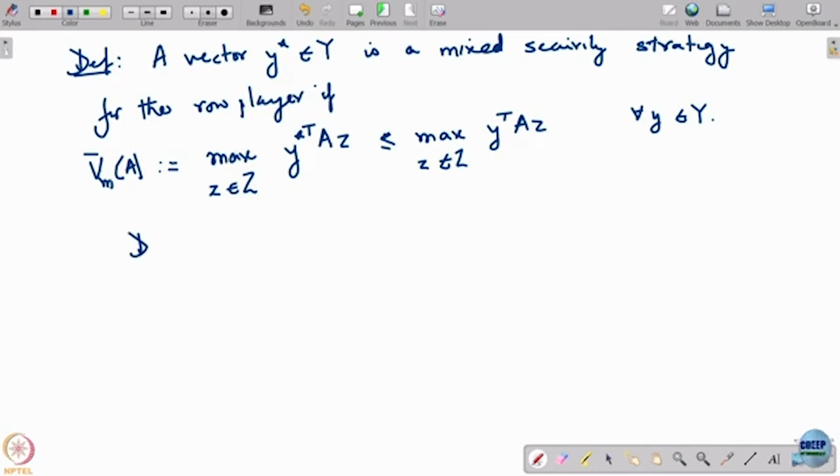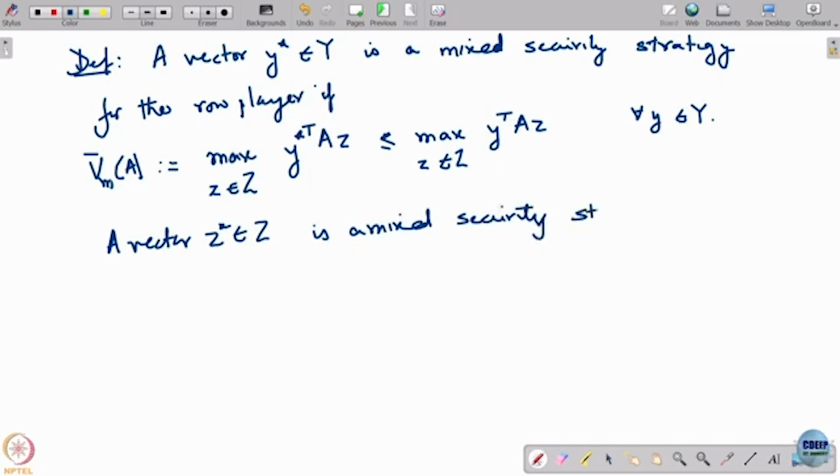And likewise, the vector z star in capital Z is a mixed security strategy for the column player if.